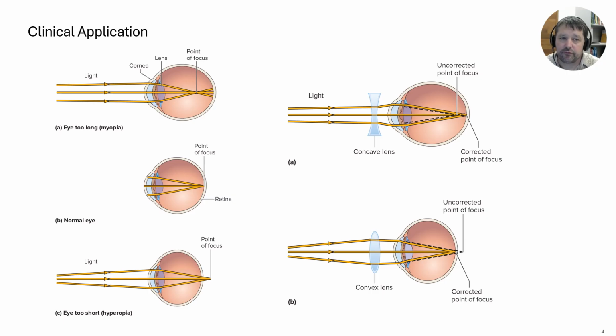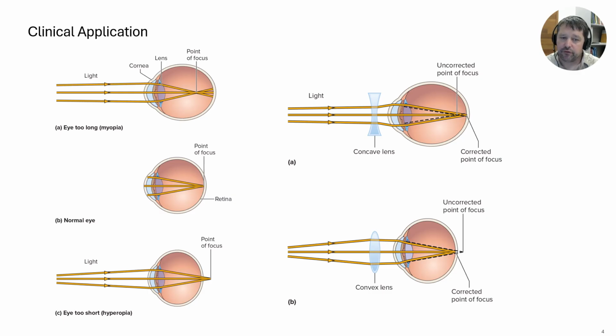So let's look at this a little bit. If your eye is too long, that means when the light comes in, the light overshoots the point of focus. The point of focus would happen prior to the fovea, the central part. It would overshoot, and that refraction would carry out further, and that will cause a blurry image. If your eye is too short, then the point of focus would be way back here.